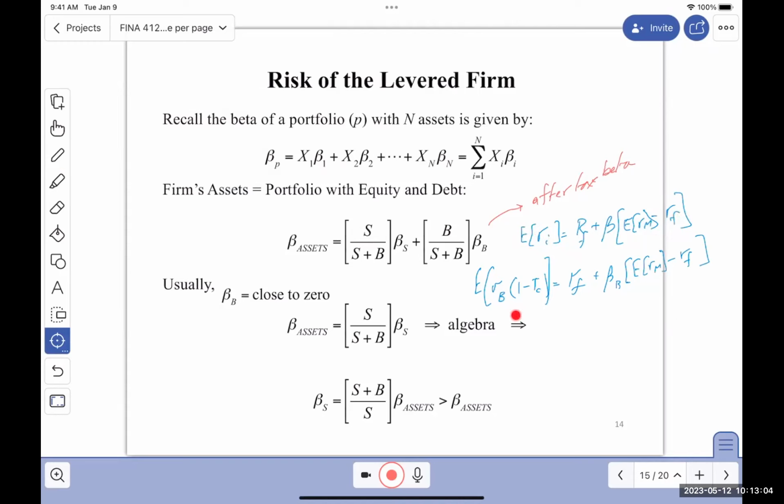If I want to write the relationship between the return to debt and the beta of debt, this is the relationship. This is the capital asset pricing model, from what we were doing before.